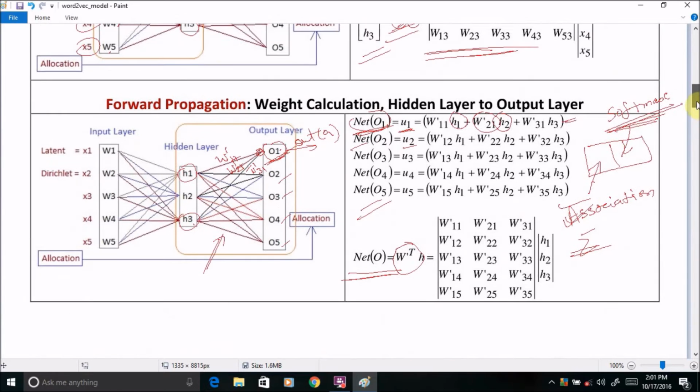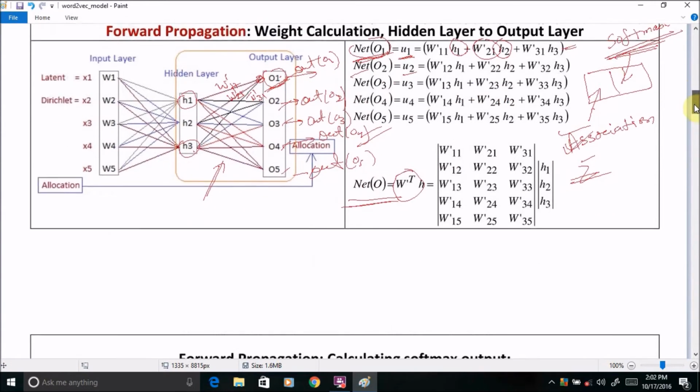Now after the calculation of the forward score, we have a prediction score: out O1, out O2, out O3, out O4, out O5. Now the next phase is to calculate the error.